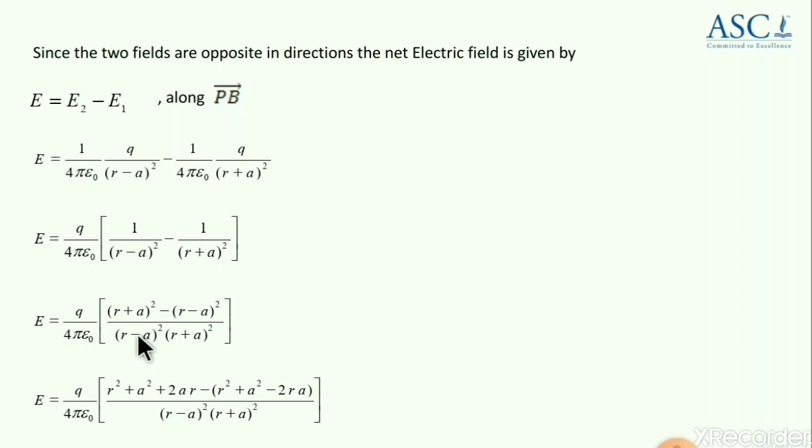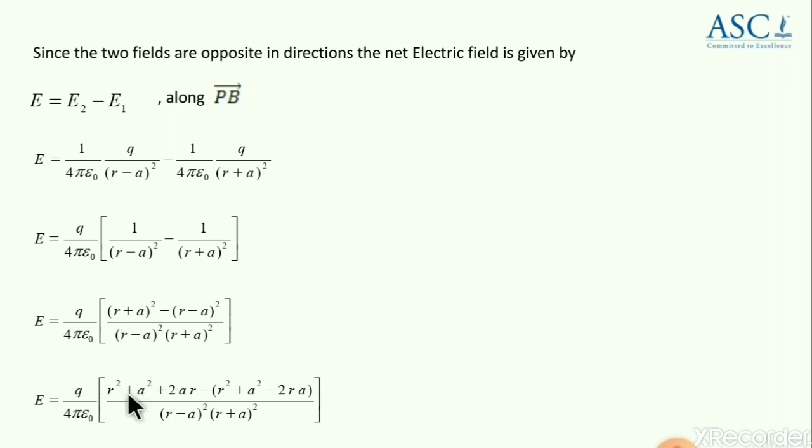Now in the next step, in the bracket we have taken the LCM, and in the numerator you can observe we have written the terms. Then in the next step, we are expanding the numerator according to the formula for r plus a and r minus a. So we end up getting E equals q by 4 pi epsilon naught.